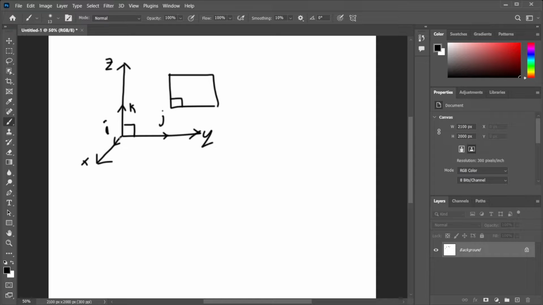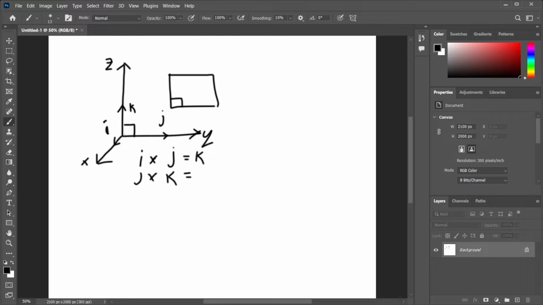And if I told you that those lines are perpendicular, if you apply the cross product, what does it suggest? Well, let's say we multiply i times j. Well, their perpendicular is k, isn't it? Let's say j times k.